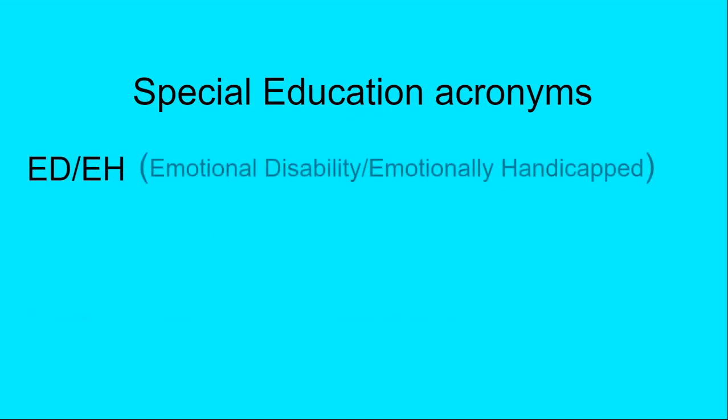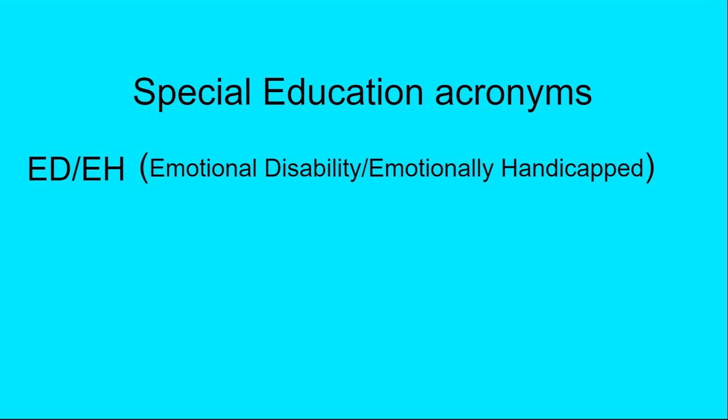ED/EH. Now, ED is emotional disability, EH is emotionally handicapped. They basically mean the same thing. Depending on the state or the region of the United States that you're in, they may use either or they may use both.